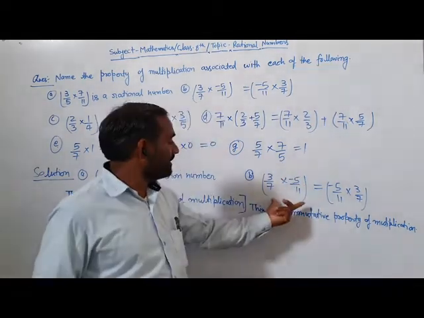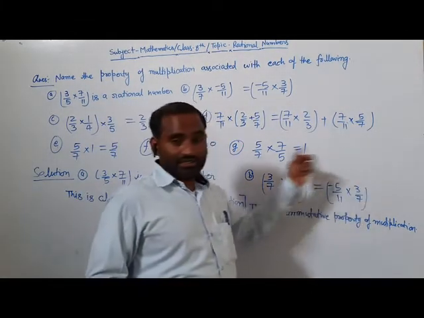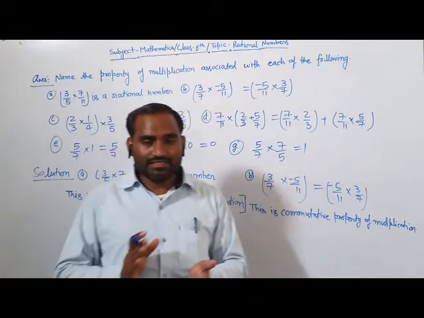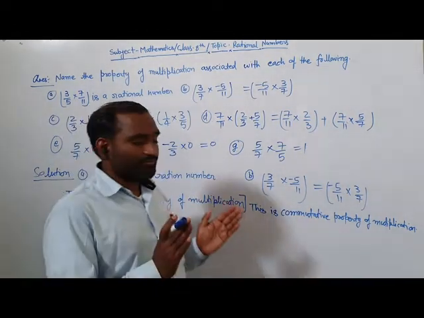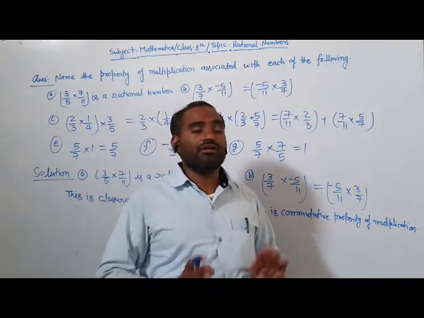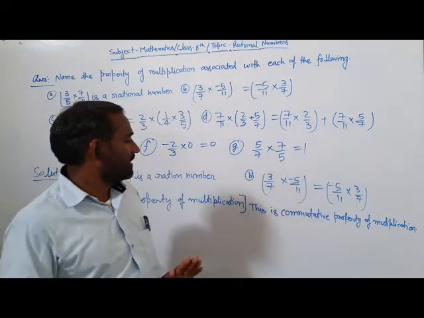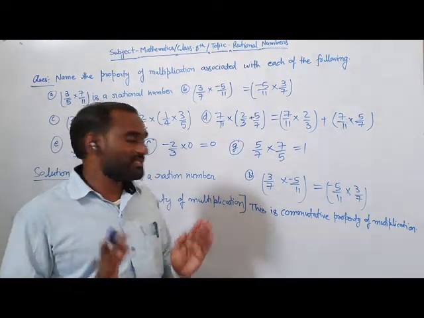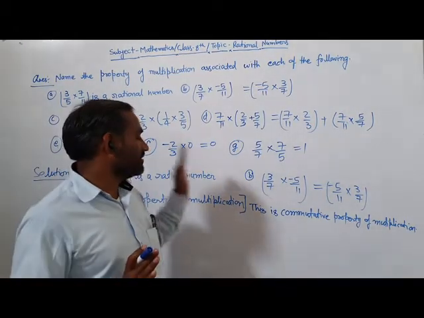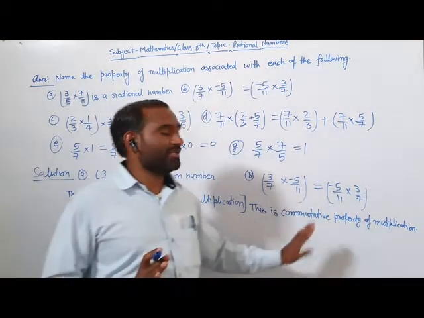So when the order is changed and the product of two rational numbers is the same, this is called the commutative property of multiplication.